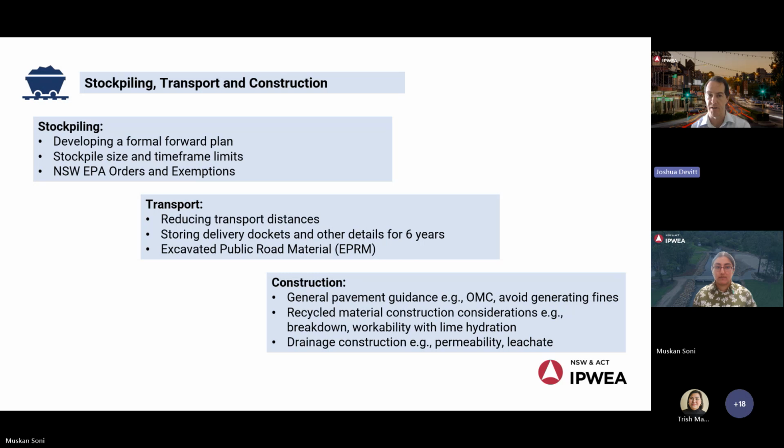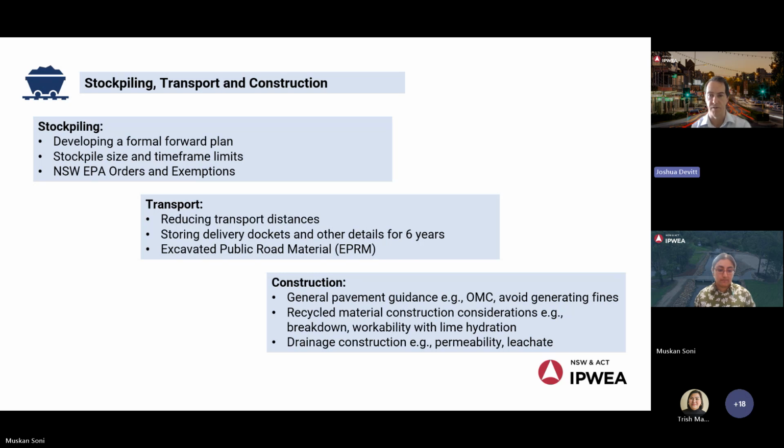Transportation, again, as we've mentioned, is about trying to reduce the transport distances. We do have a tool that one of the student teams we worked with developed a couple of years ago that compares virgin versus recycled material sites around the state and allows you to put in your site location and get the closest difference to each of those locations.